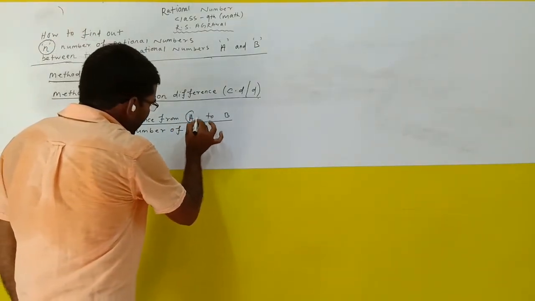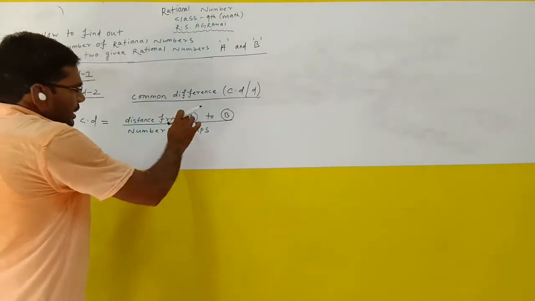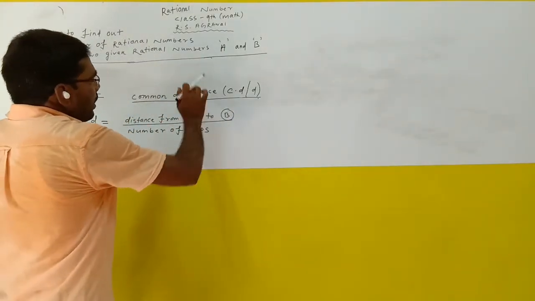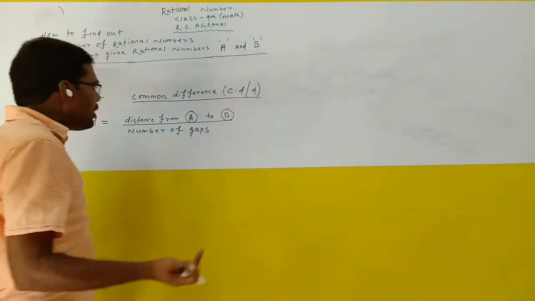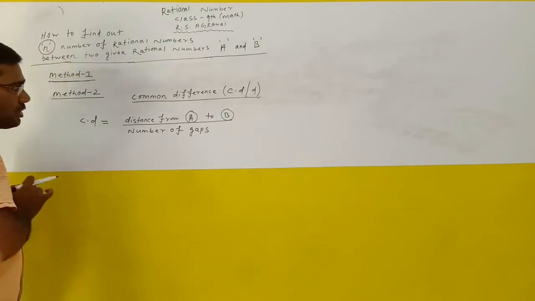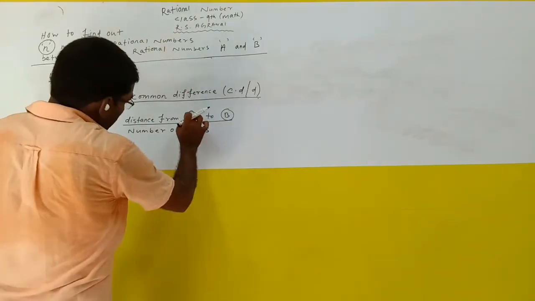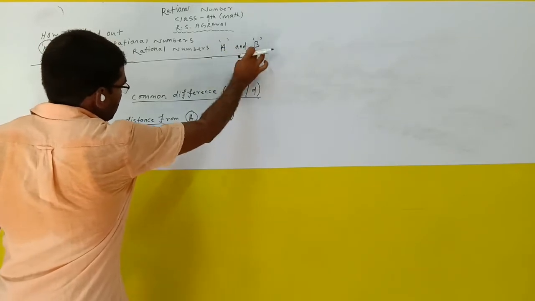ये जो A and B, ये दोनों आपका given rational number है, and you want to find out n number of rational numbers between these two given rational numbers.